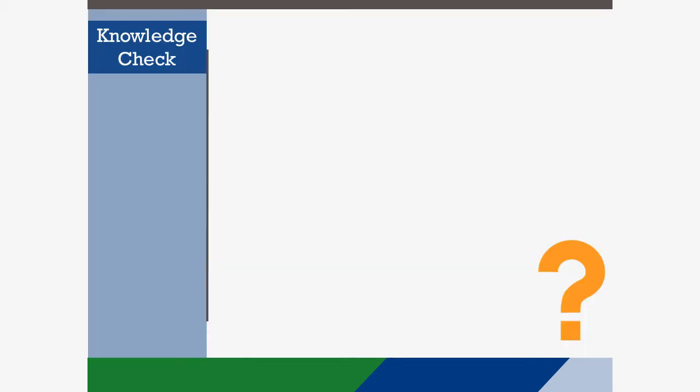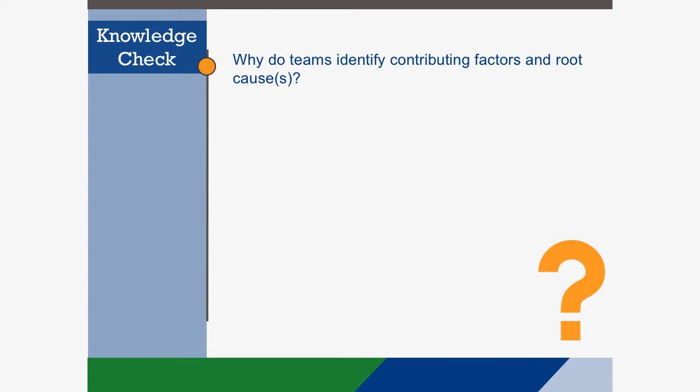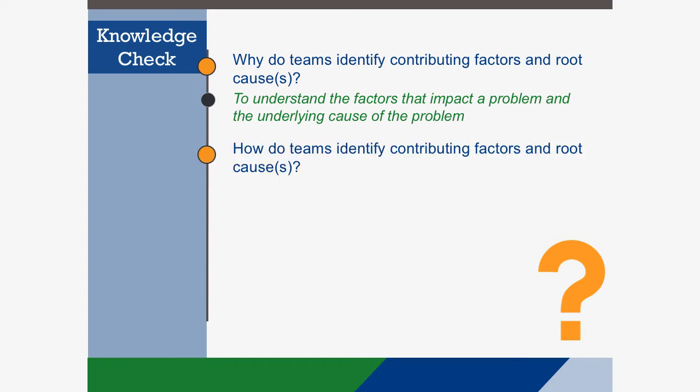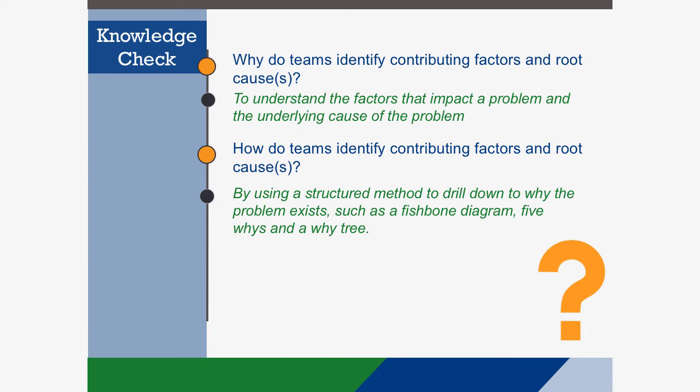Let's take a moment to check in on what we've learned about identifying contributing factors and root causes. Why do teams identify contributing factors and root causes? To understand the factors that impact a problem and the underlying cause of the problem. How do teams identify contributing factors and root causes? By using a structured method to drill down to why the problem exists, such as a fishbone diagram, 5 whys, and a why tree.